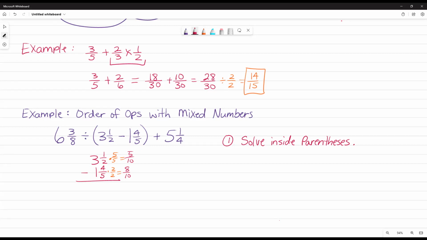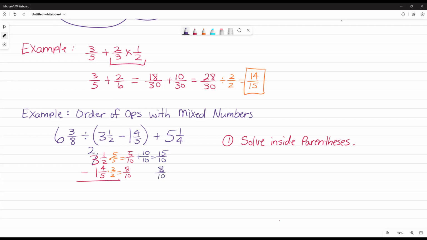No. All right, so I'm going to borrow. Go back to here. So I'm going to borrow 1, so that's going to become a 2. What do you think I should add to 5/10? I mean, obviously I'm adding 1. 10 over 10, yes. Right, just match the denominator.